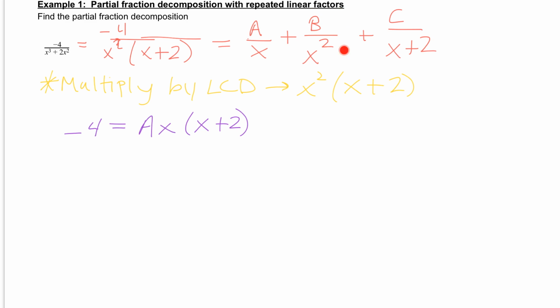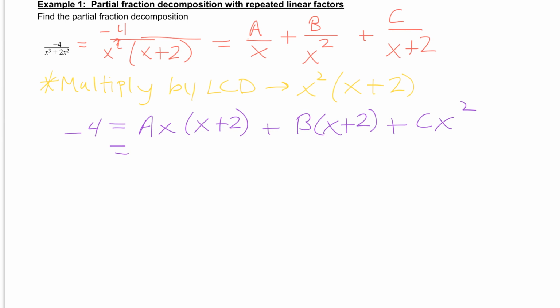Then if I take B over x squared and multiply it by here, the x squareds will cancel and I'm going to be left with just the x plus 2. So I have plus B times x plus 2. And finally, if I take C over x plus 2 and multiply it by the least common denominator, the x plus 2's will cancel and I'll be left with just an x squared. So I get plus Cx squared.